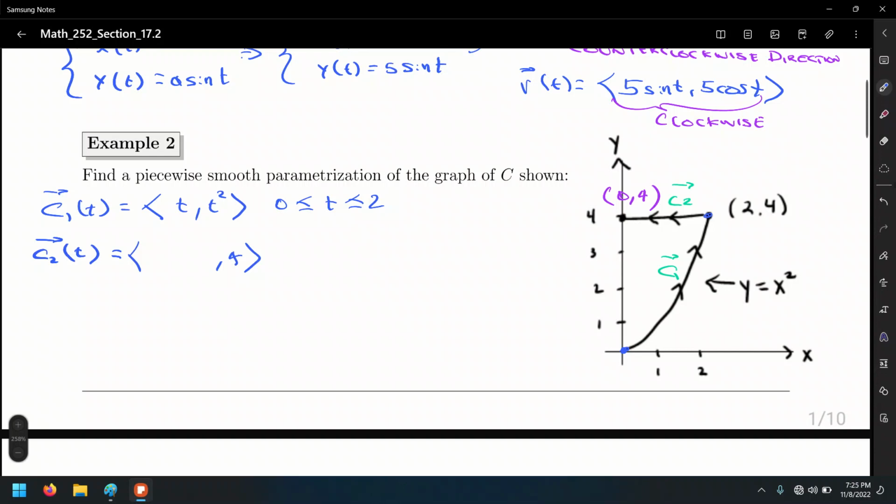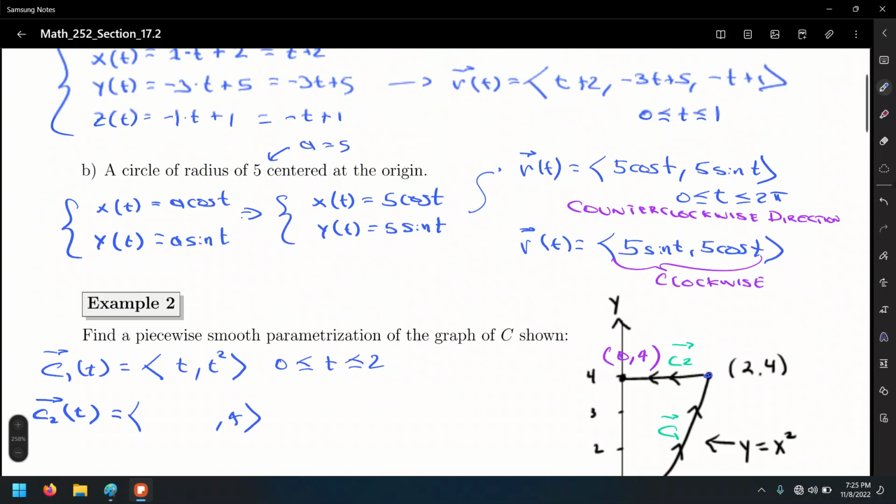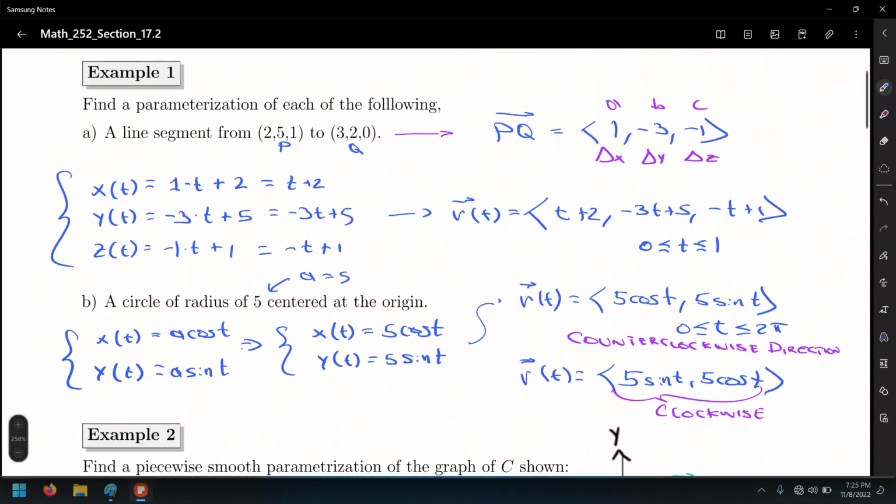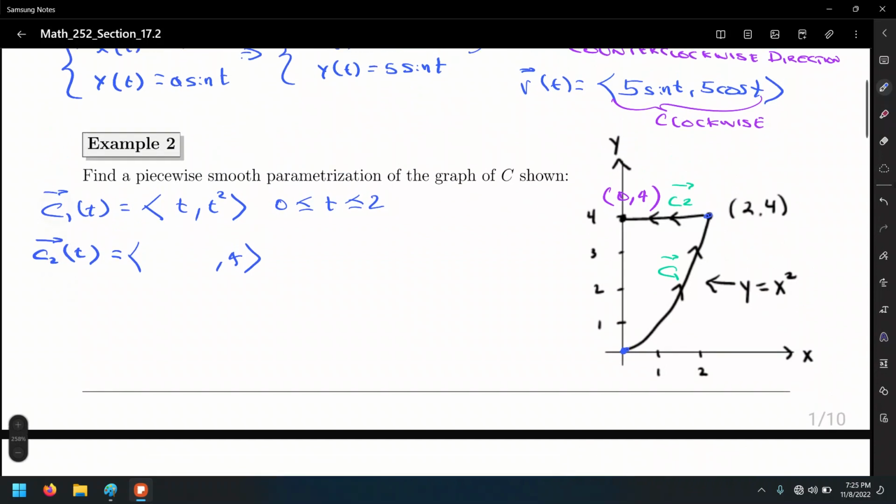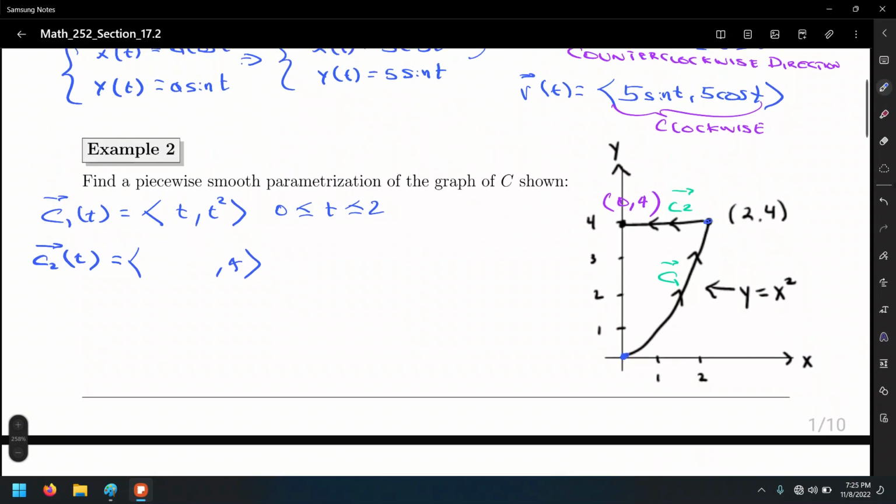Now, since this is a linear segment, again, we need to look at the displacement in the x direction in the same way that we did in the previous example, the displacement in the x direction, the displacement in the y direction, and the displacement in the z direction. So what would be the displacement in the x direction when we go from the point (2, 4) to the point (0, 4)?